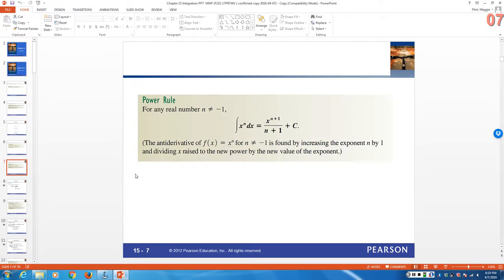The best one I can think of right off the top of my head to explain is if x raised to this power in this case was x squared, the integral of x squared would be, okay, it came from an x cubed, right? Because we know that the derivative is 1 power down from the actual function.